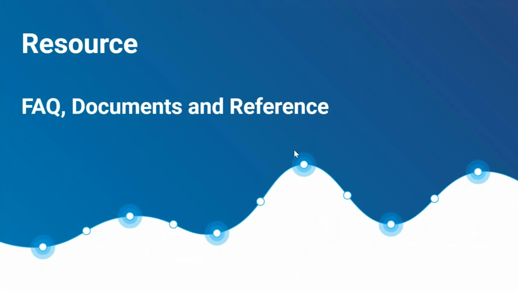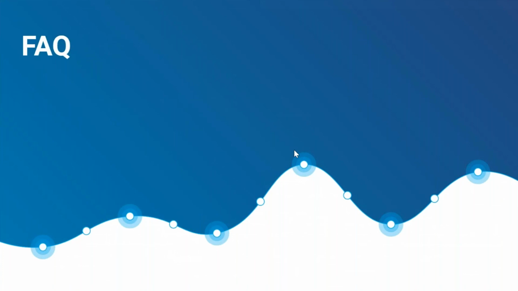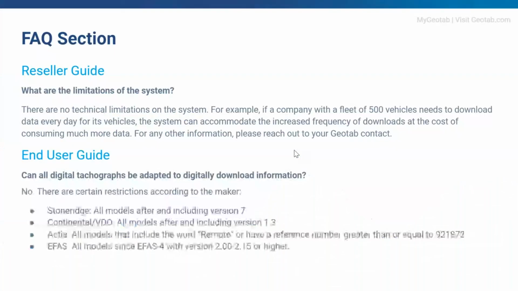Just to give you guys an overview, once you're using the tachograph, we have many different resources that can support you through it. So we have a set of documents, the frequently asked questions, or the documents of reference. And what we'll give you is a reseller guide, followed by an end user guide. Again, very detailed with a lot of information if you encounter an issue or you're not sure where to go.